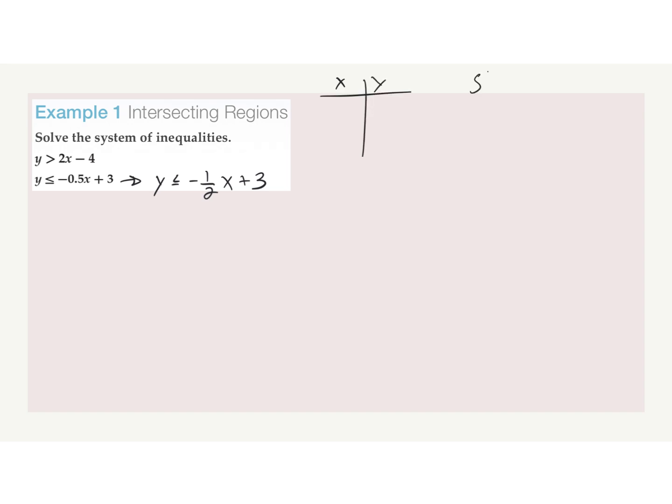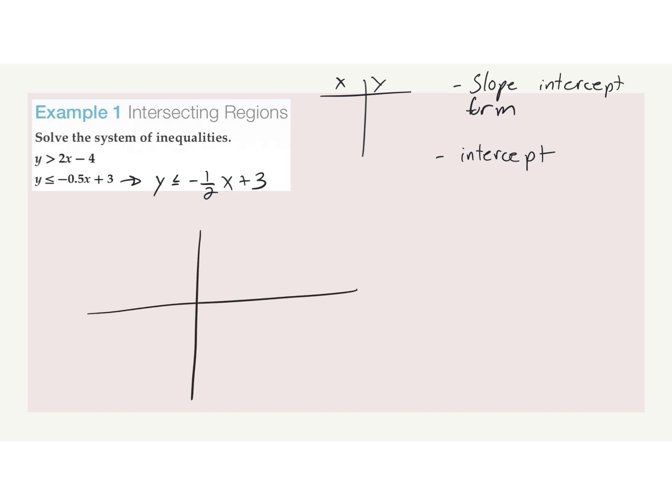You can use the slope-intercept form. You can also use the intercepts to graph. It works the exact same as if they were equations. Now, I'm going to use the slope-intercept form, and I'll go over multiple ways of doing this.